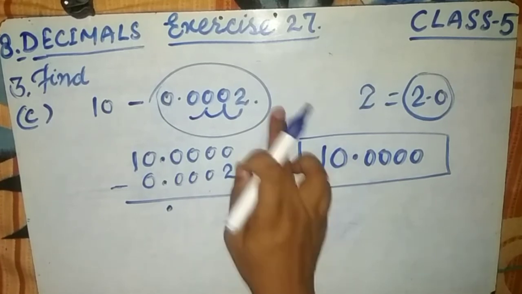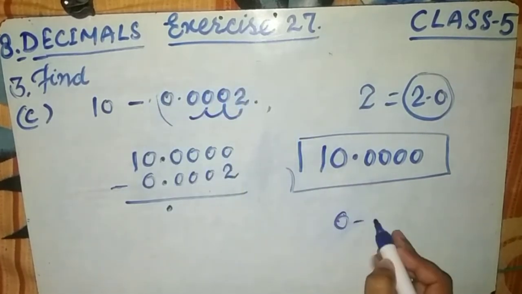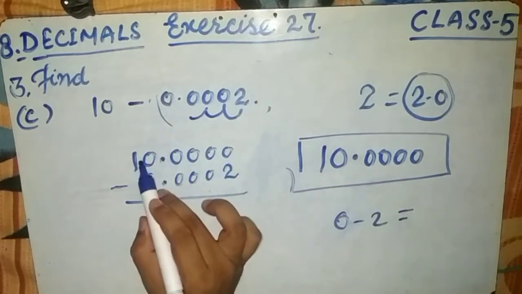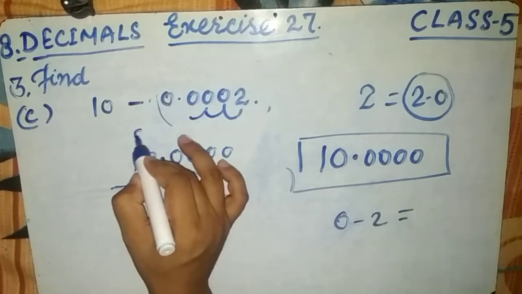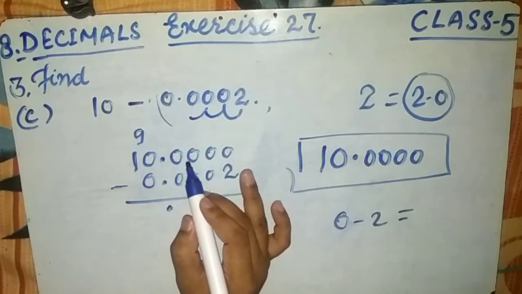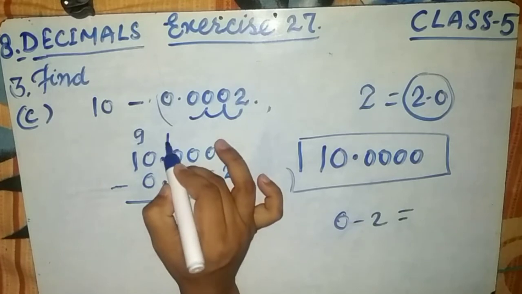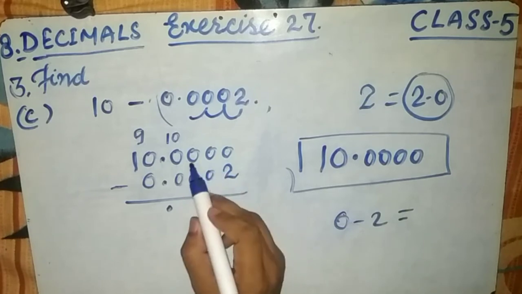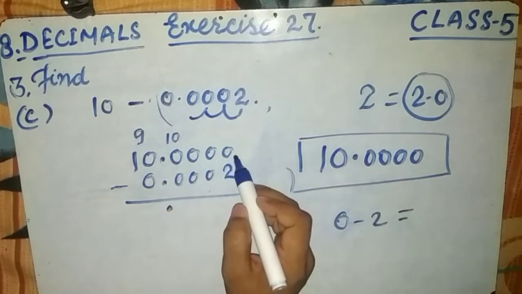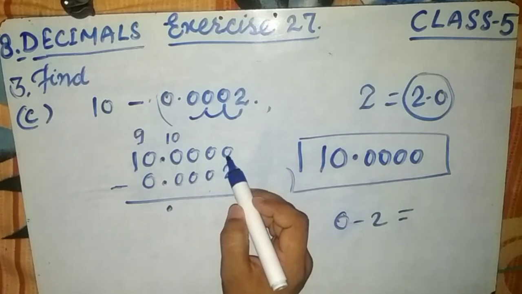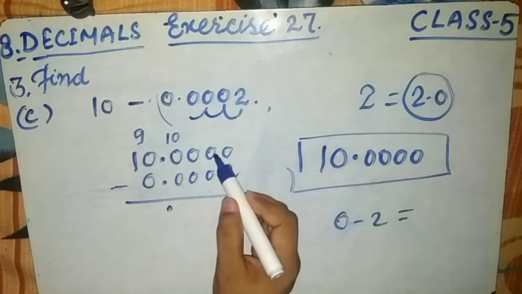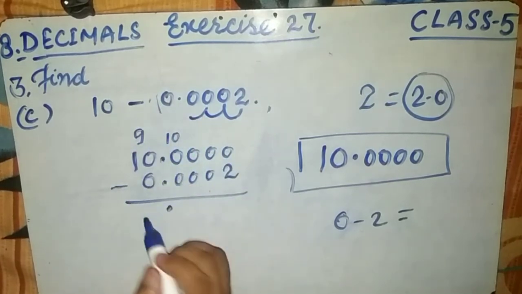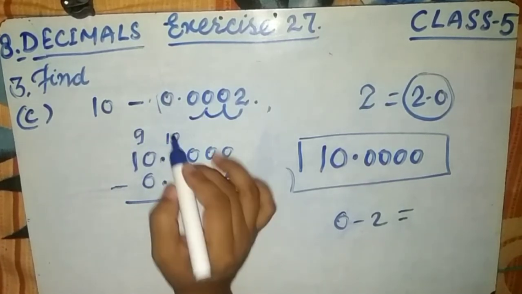Subtract. This is 0. So 0 minus 2 is impossible. Now if we take a borrow, the neighboring digit is 0, nil. So this 10 will give 1 to its neighbor, and this becomes 9.